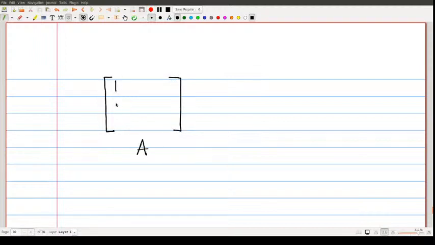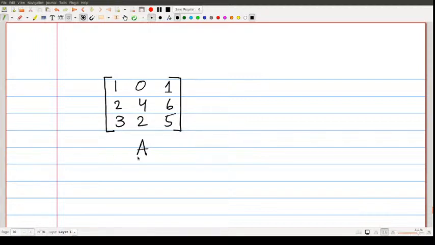This column is 1, 2, 3, and this is 0, 4, 2, and this column is 1, 6, 5, right?